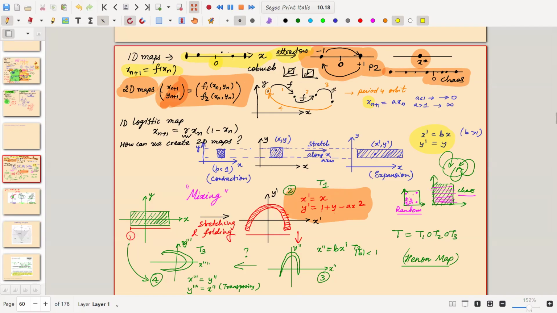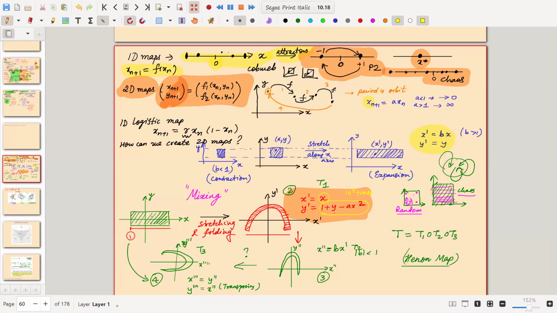This is the mapping here. Iterate this map for say 10 to the power 4 times in a for loop. Every time you iterate, you have a point. You plot that point on the xy coordinates. Can you do this and tell me how the shape looks?